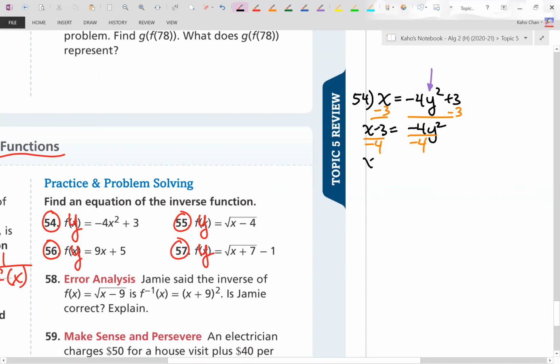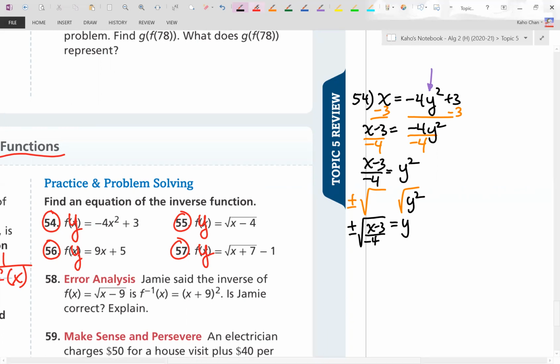Nice. Finally, get rid of that square. Square root both sides. Don't forget about the plus minus. Final answer is an ugly answer, but this is it. Don't make it pretty. There's your answer. You're just rearranging the furniture for 54.